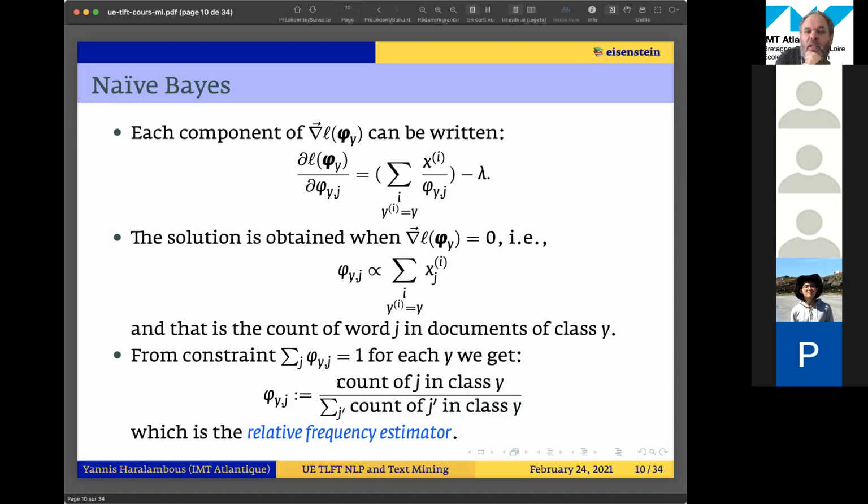So finally, phi yj is, for each j, how many times j appears in class y divided by the count of all words of class y. So divided by the size of class y. So in fact, it's the relative frequency estimator of the word j in the class y.